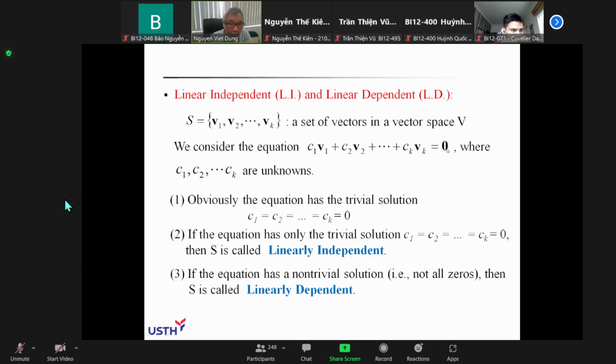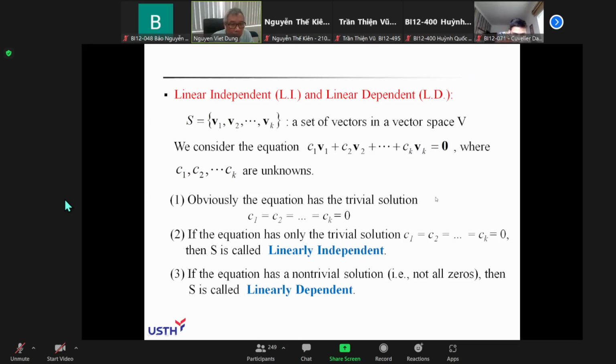And 0 here is a zero vector because v1, v2, vk are vectors inside V. In the equation the unknowns are c1, c2, ck, and we need to solve that, meaning we need to find c1, c2, ck. It is easy to see that the equation always has the trivial solution c1 equals c2 equals ck equals 0.